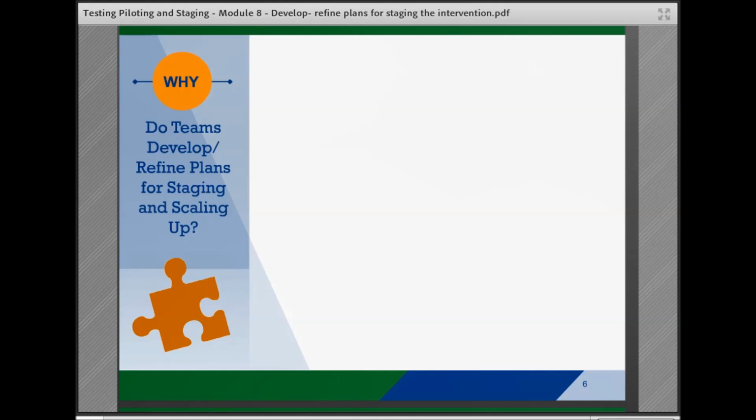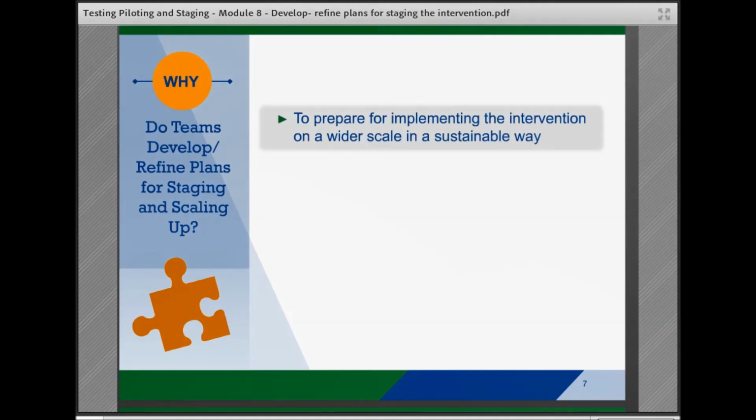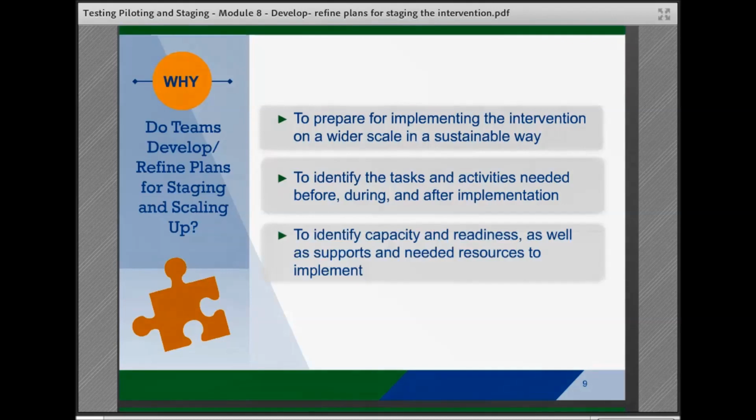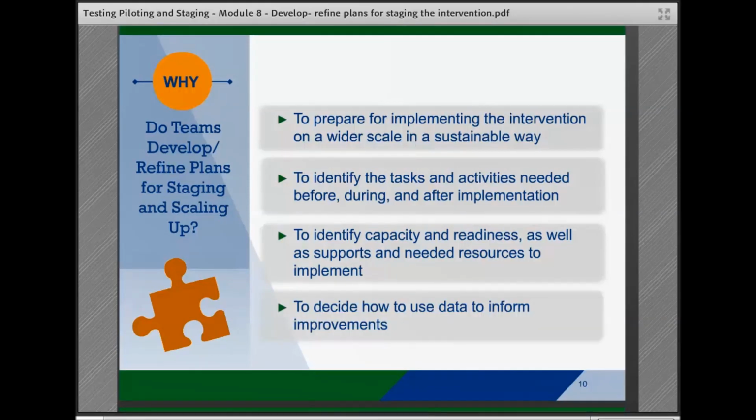Developing a plan for staging and scaling up the intervention allows teams to prepare for implementing the intervention on a wider scale in a sustainable way, to identify the tasks and activities that will be necessary before, during, and after implementation and their sequencing, to identify capacity and readiness for staging and scaling up, and the supports and available or needed resources to implement at each progressive site, and to decide how to use data to inform improvements.